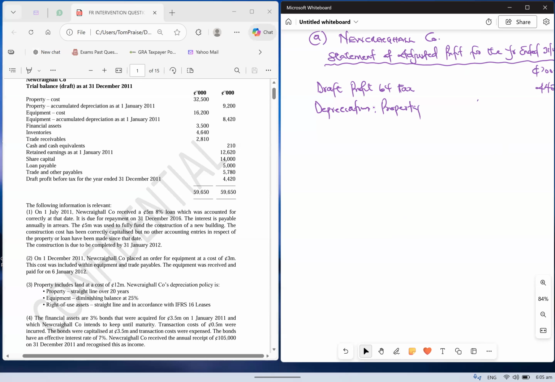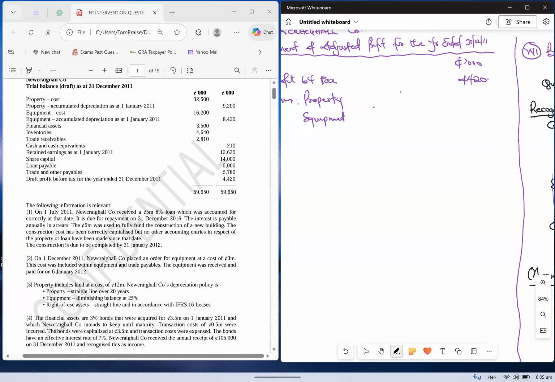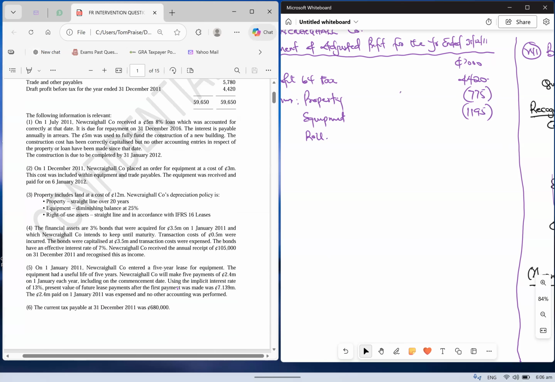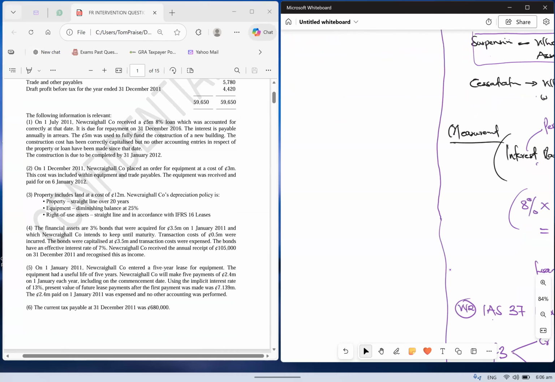But we also have equipment, and we are taking 775 out of this. The second one was 1195, right? They didn't do it. We are doing it. But there is also another depreciation on the right of use, and we will go and do the right of use and come and clear the depreciation for that. That is workings 4. Oh, no, that's financial assets. The depreciation on the right of use, the lease, is workings 5. But let's do our workings 4 first.